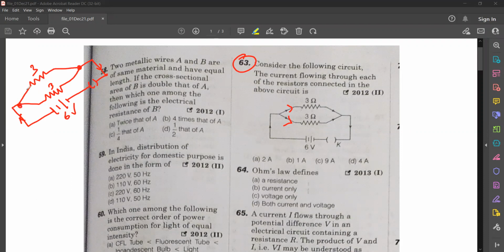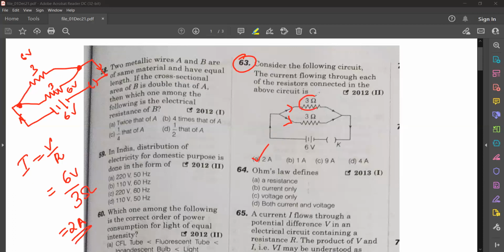So across the ends of the first resistor it is also 6 volt, and across the ends of the second resistor also 6 volt. To find the current flowing through any of these resistances, we can just apply the equation I equals V by R. Voltage is given as 6 volt divided by R, which is 3 ohm. So 6 volt by 3 ohm is 2 amperes, option A.